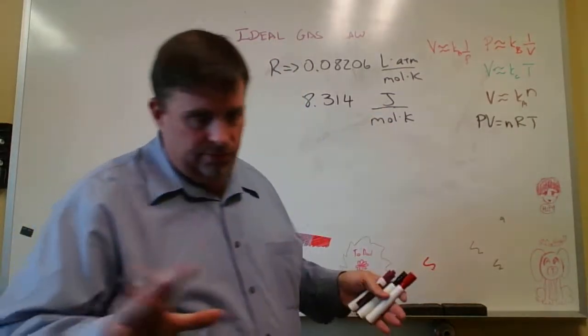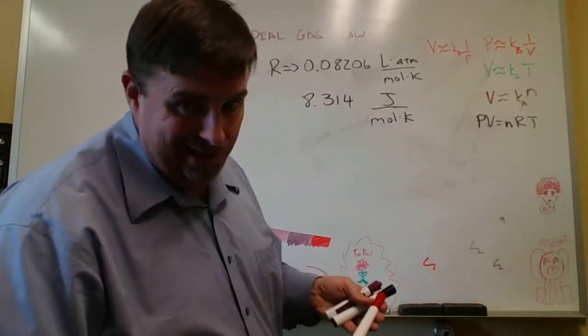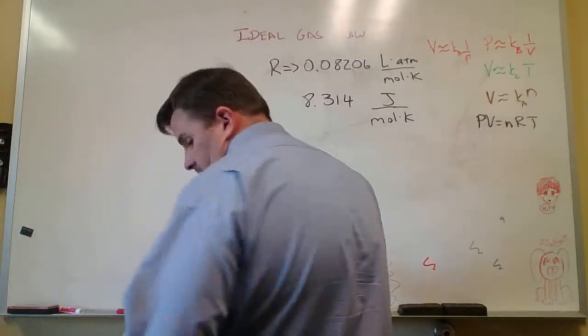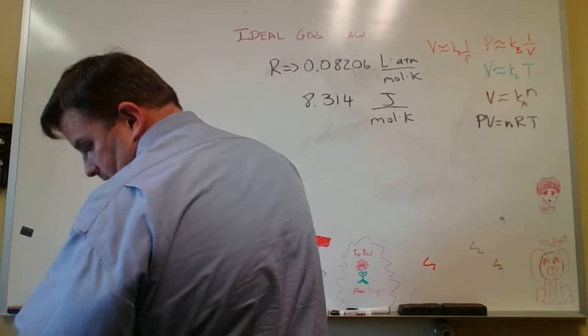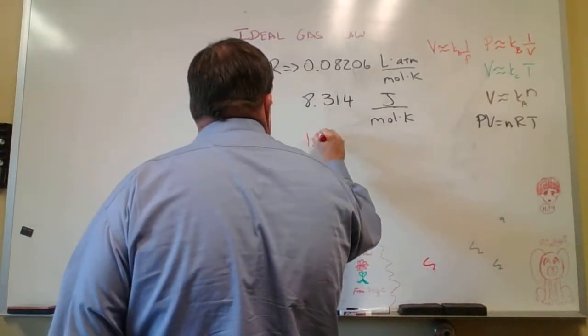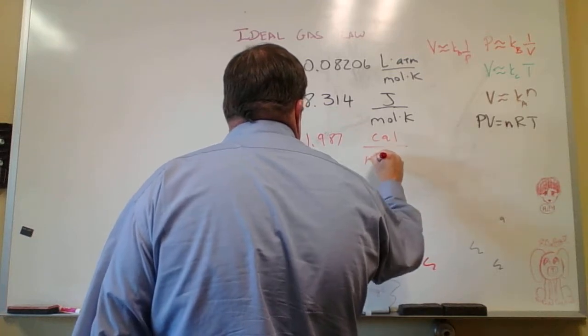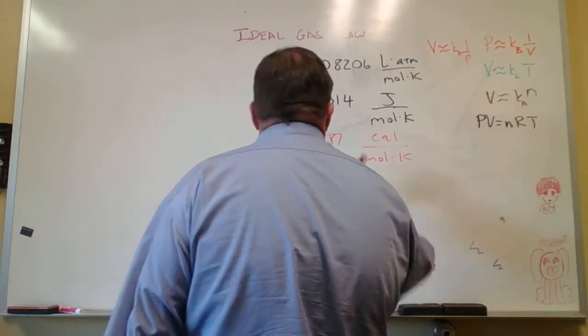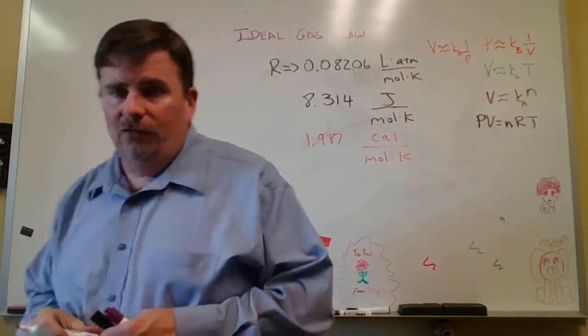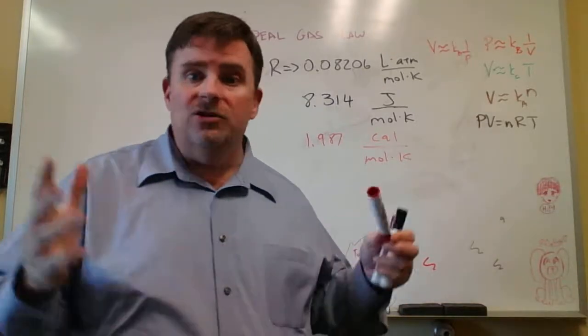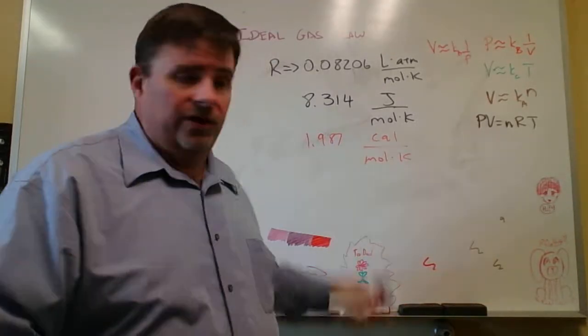There's a couple more. Since I've got joules, I'm going to have calories in there somewhere, and this one is 1.987, calories over moles times Kelvin. All I did was divide that number by 4.184, and that gives me the value for calories.